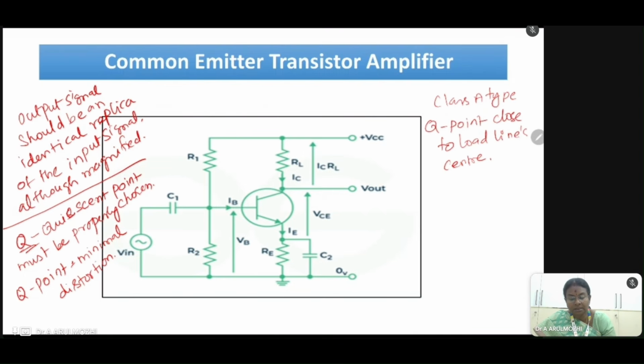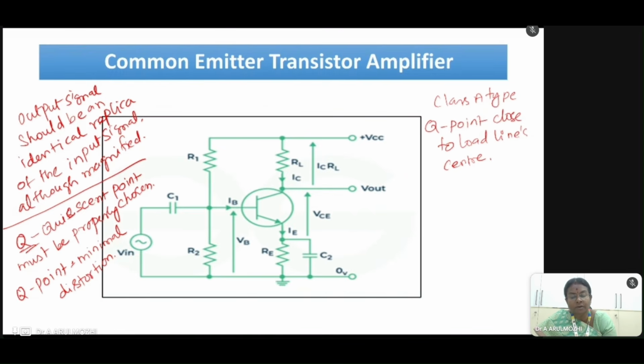And next one is how it is acting as an amplifier. Once the Q point is fixed through the DC biasing, the AC signal is applied at the input. As we know, we are going to filter the DC, whereas we are going to give only the AC.